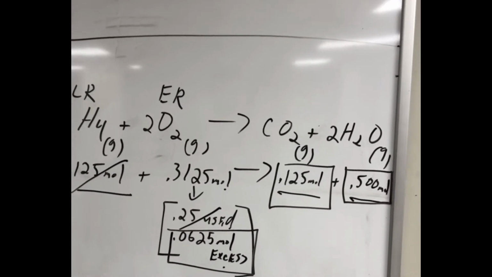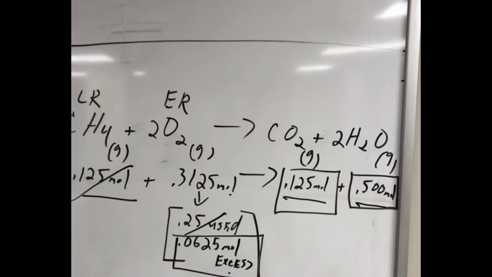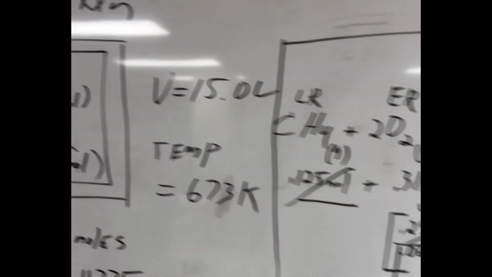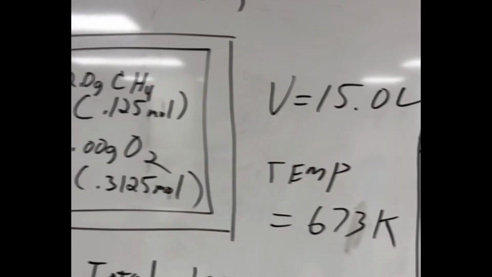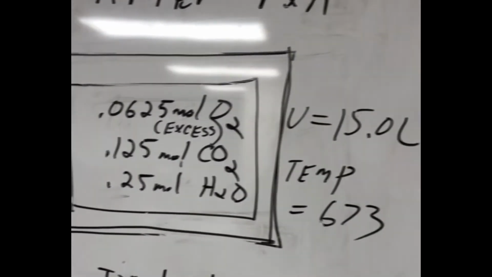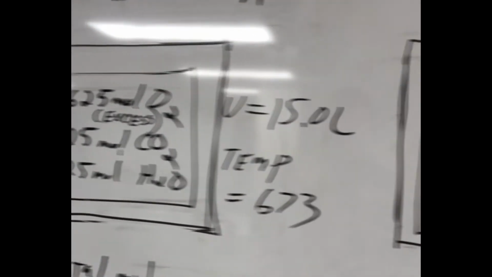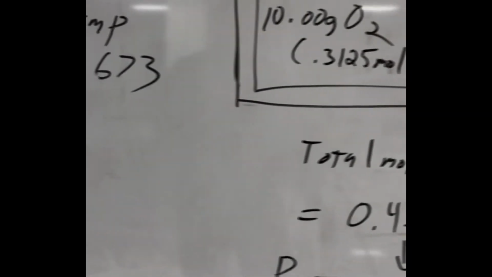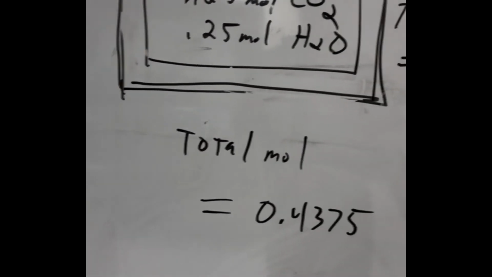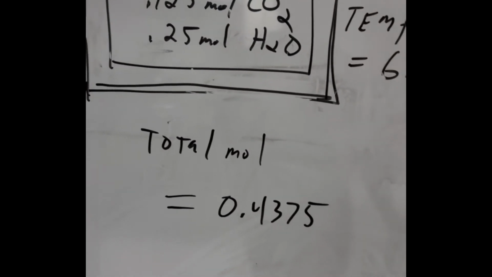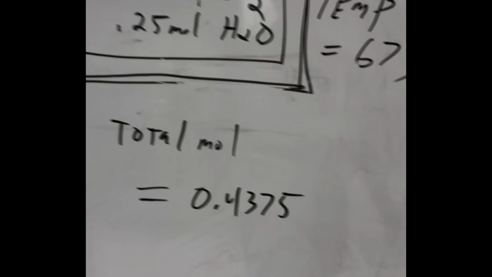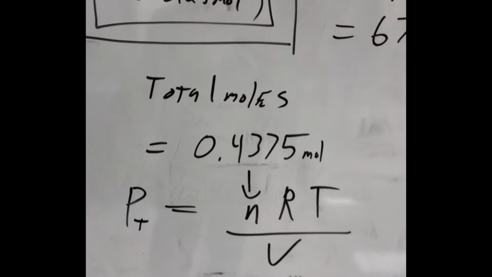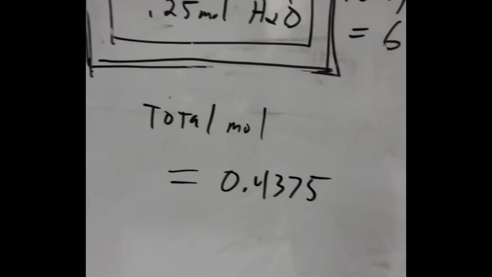If we haven't gained or lost moles going from the left side to the right side, and notice volume is the same for both, before and after, temperature hasn't changed, number of moles of gas hasn't changed, so the total pressure as calculated over here would, of course, equal the total pressure here.